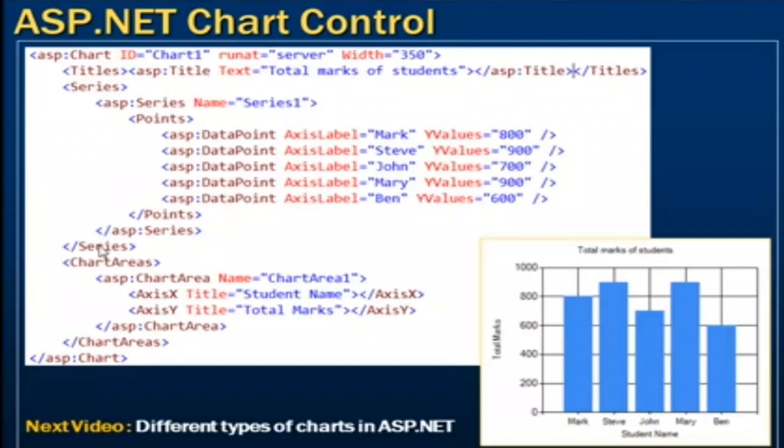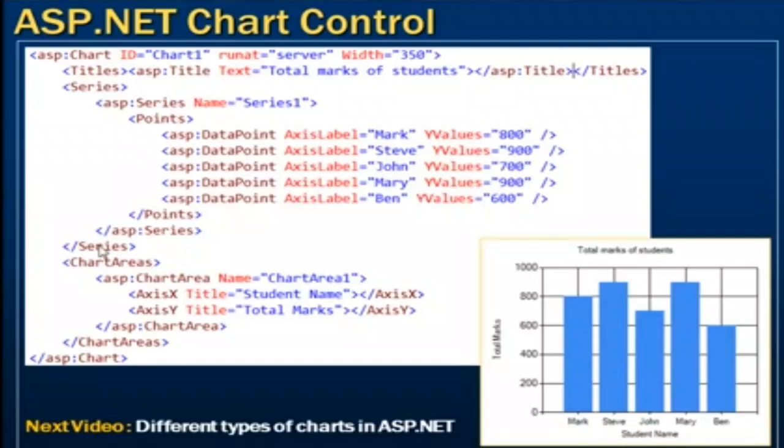After that there is one ChartArea tag also. In that we again use the ChartArea control, and with the help of this ChartArea we can give labels to the y-axis and x-axis. Like if you see the x-axis, there is a common label, that is Student Name. If you want to provide this label for the x-axis and y-axis, then we have to make use of ChartArea.